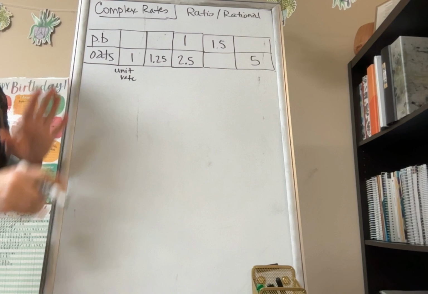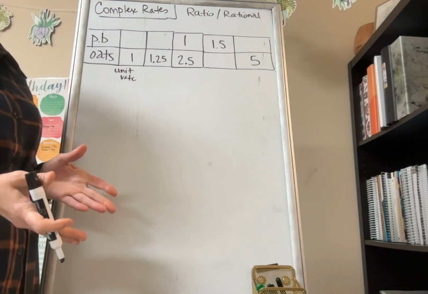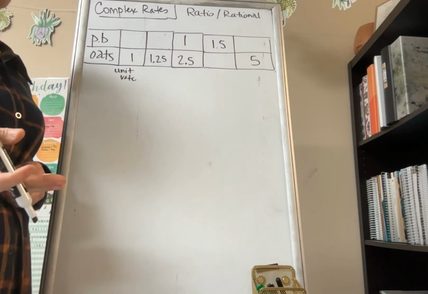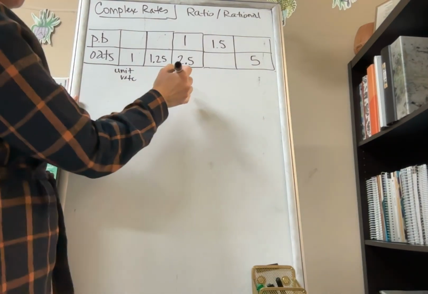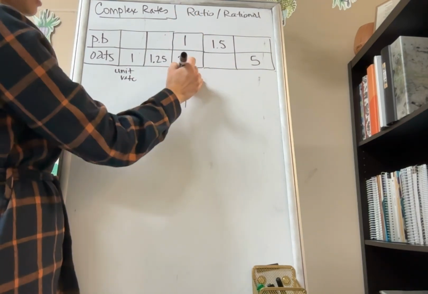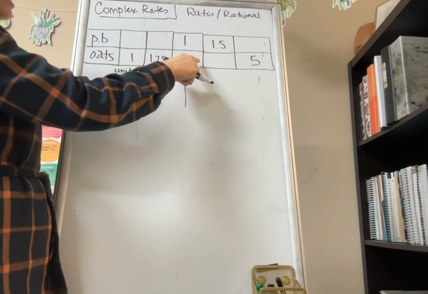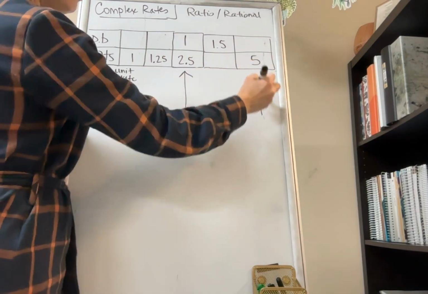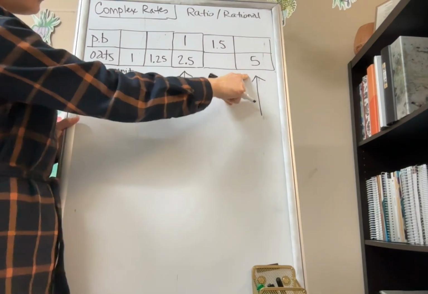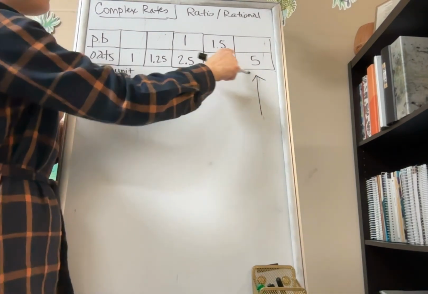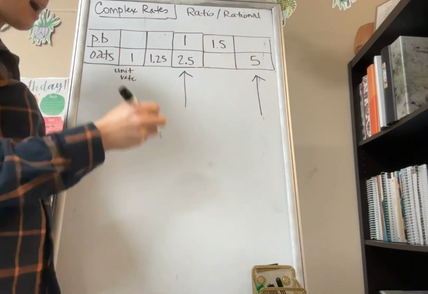Well, we could work every piece of this out step by step, but let's just do a little mental math because that's probably how you're going to approach problems like this in real life anyway. If I take this column here, I recognize that 1 cup of peanut butter and 2.5 cups of oats is going to just be doubled when I come to this column because 5 is 2.5 two times, right? 2.5 and 2.5 makes 5.